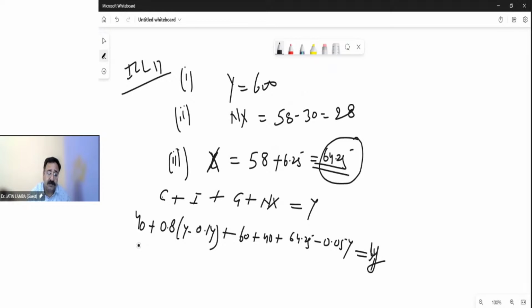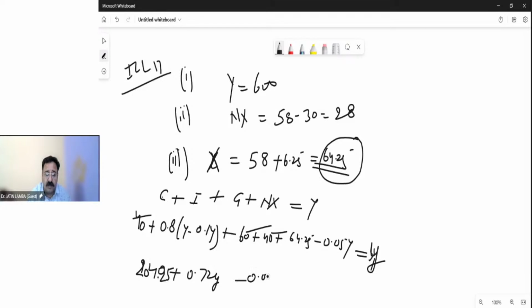Now see, 60 plus 40 is 100, 140, plus 0.72Y, and also plus 64.25. 140 plus 64.25 is 204.25.